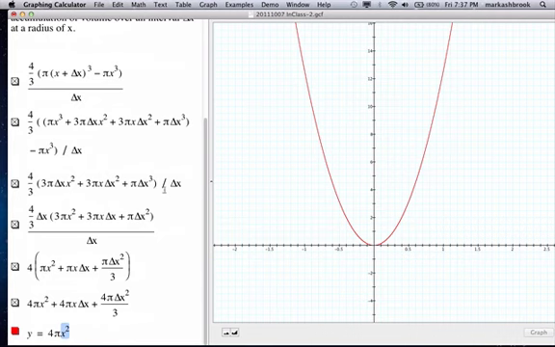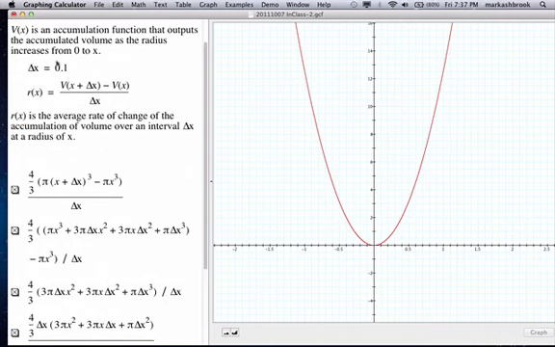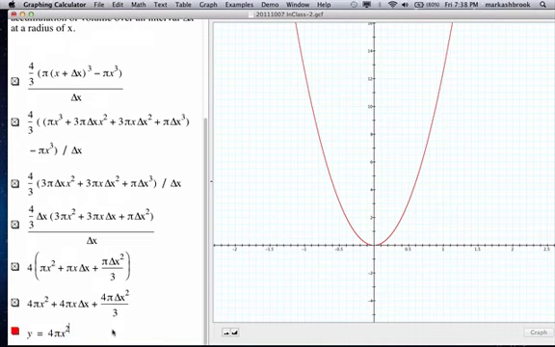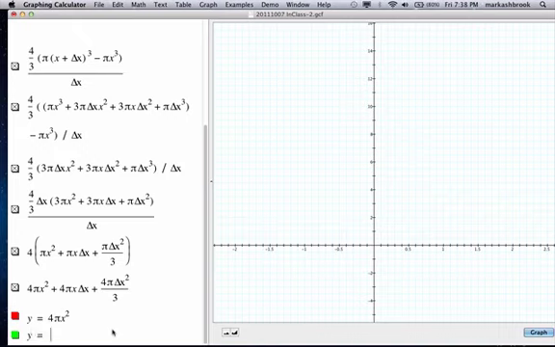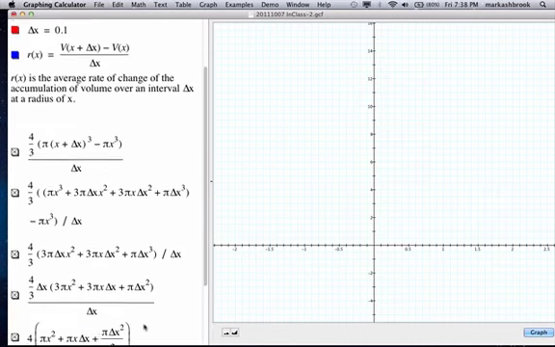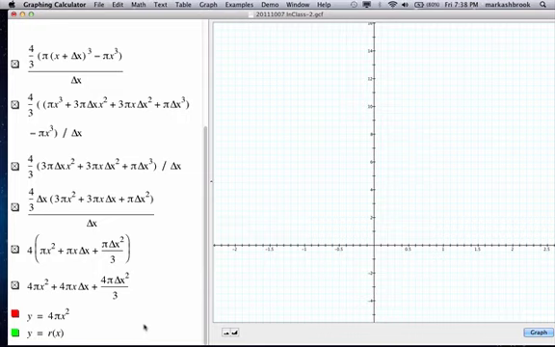So let's compare that to our average rate of change function, and we'll start with a delta x of 0.1. So I can graph the rate function, and right now delta x is 0.1. Let's do that in blue.